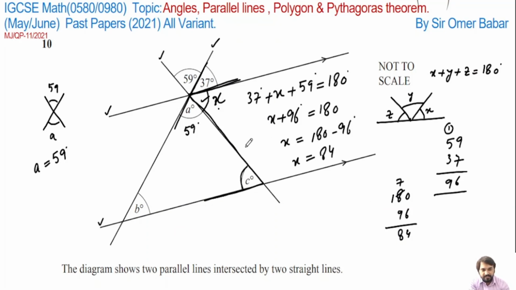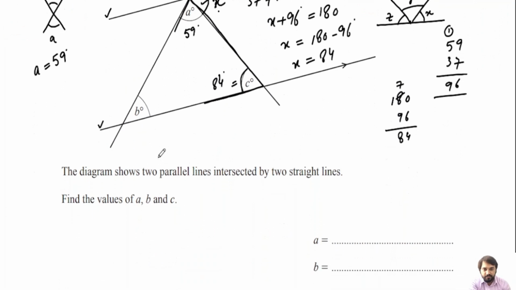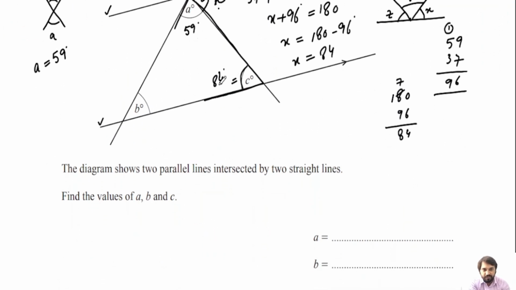If angle X is 84, it means angle C is also 84 degrees. Now we only need to calculate the value of B. We have A equal to 59, C equal to 84, and we calculate the value of B by using the sum rule: the sum of all the interior angles of a triangle adds up to 180 degrees, meaning angle A plus B plus C is equal to 180 degrees.